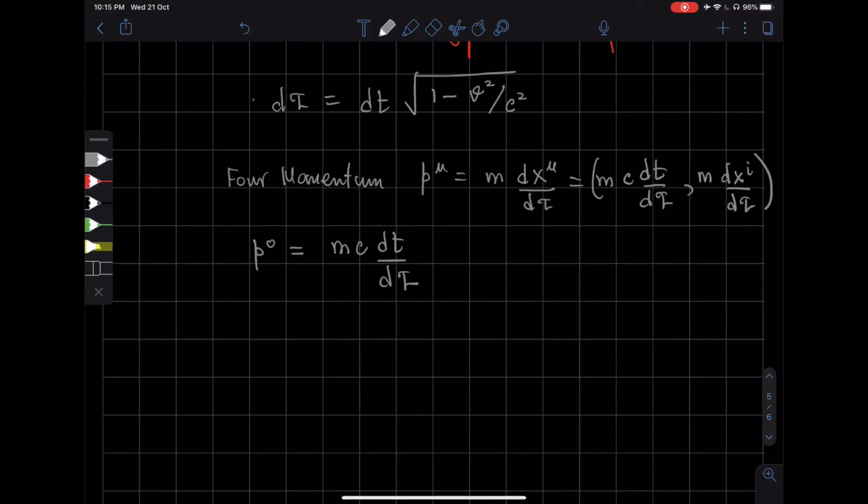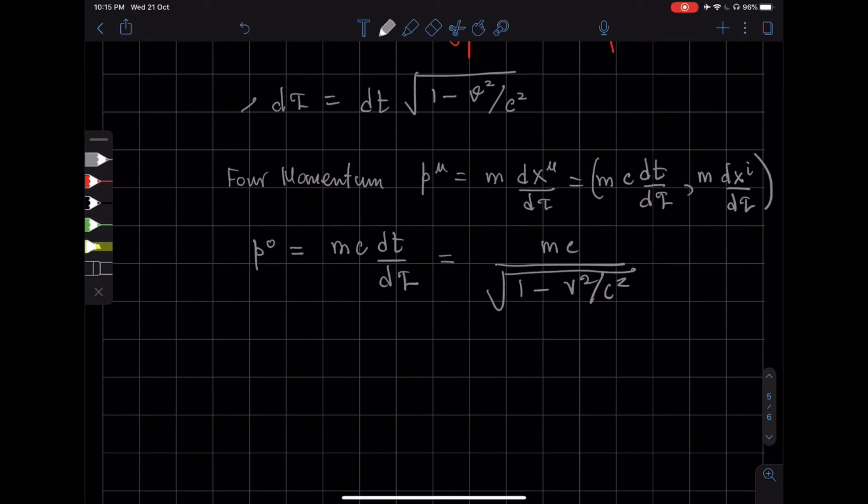Now, using the relationship between proper time and time, we can write this as mc divided by the square root of 1 minus v squared by c squared.